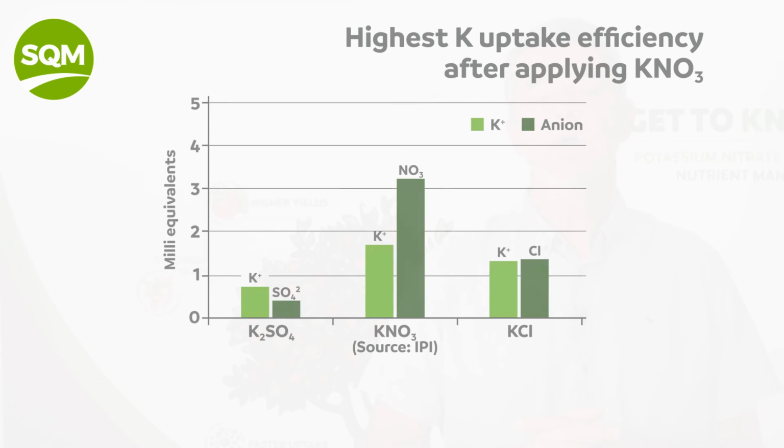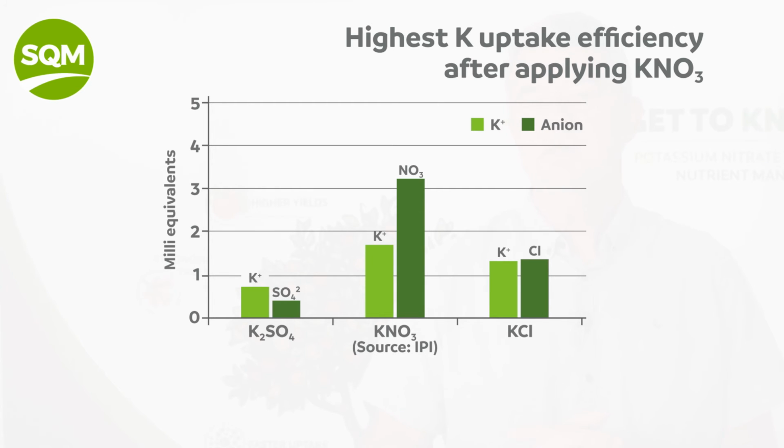This is a graph from the International Potash Institute, and it shows a barley plant, which is obviously not a citrus plant, but the concept is exactly the same, and it's the same for all crops.